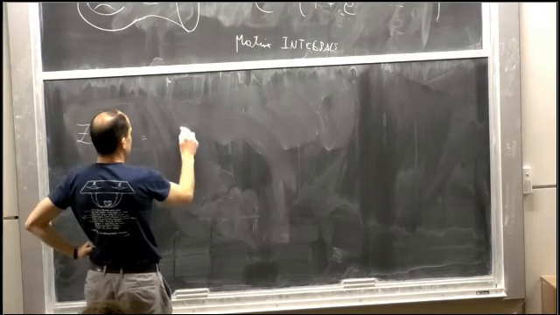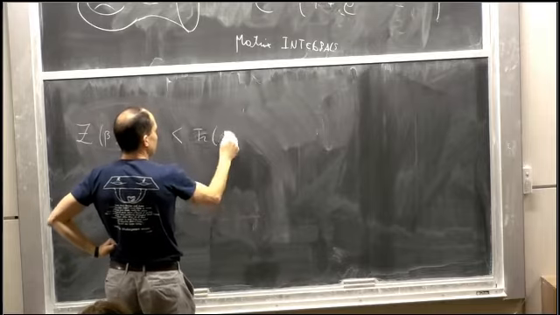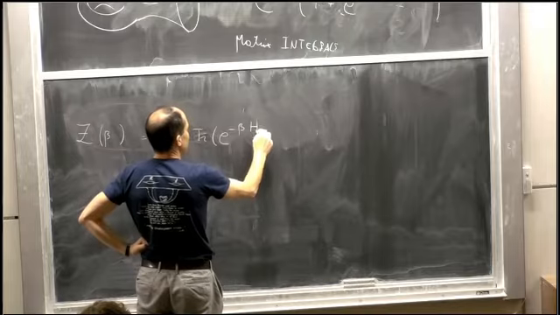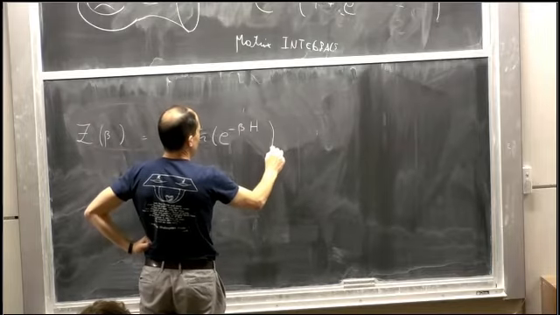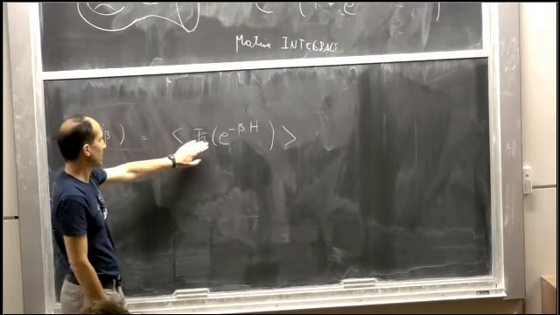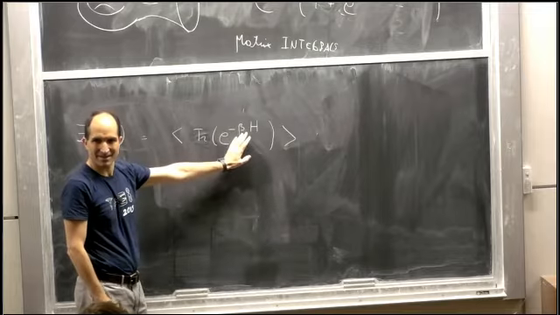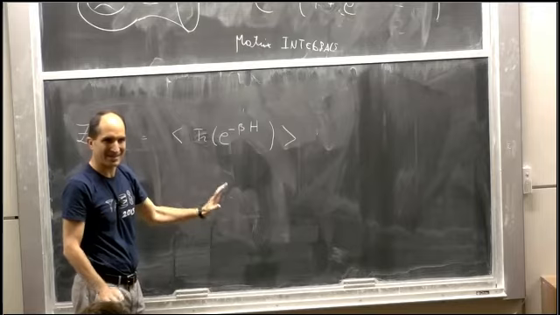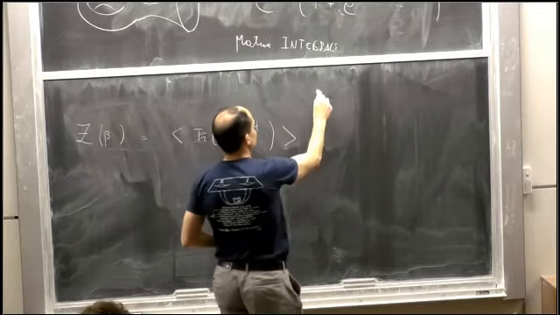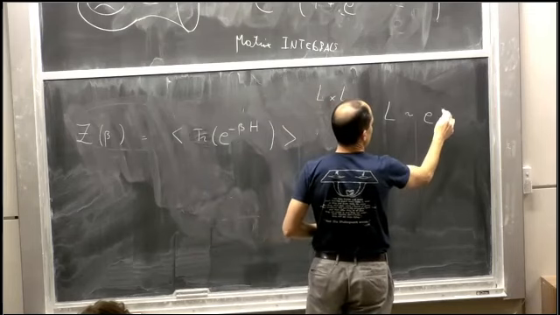But the idea is that all terms are given by E trace of E to the minus beta, let me call it H. So there is some matrix H. And so we are doing a matrix integral with a matrix H, which is a random matrix. This is not the Hamiltonian of SYK. This is just a random matrix of size L by L, and L is roughly E to the S naught.